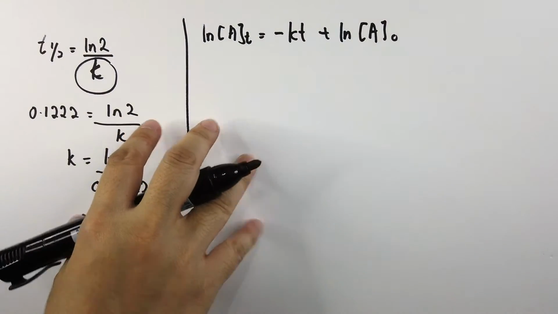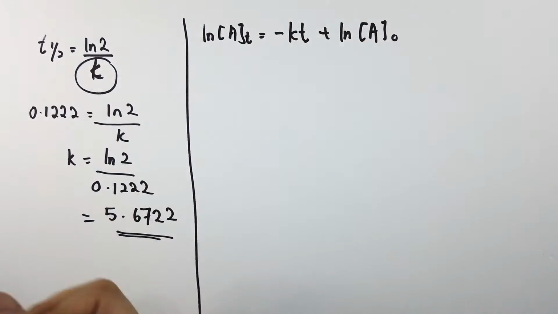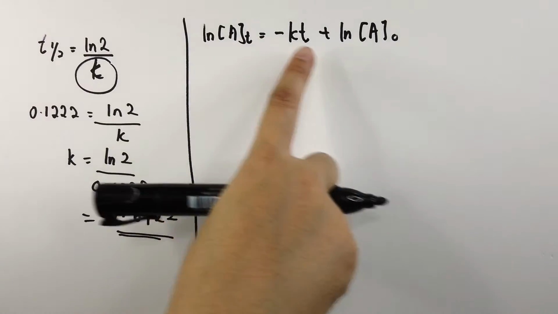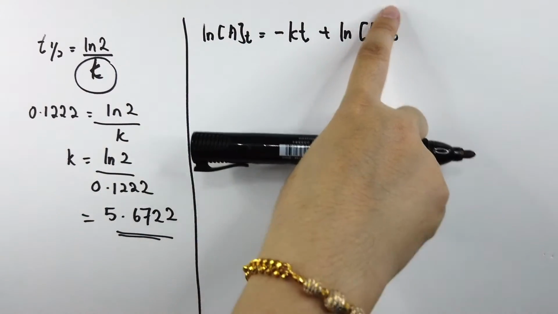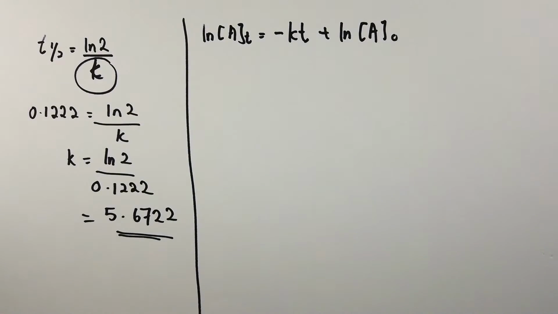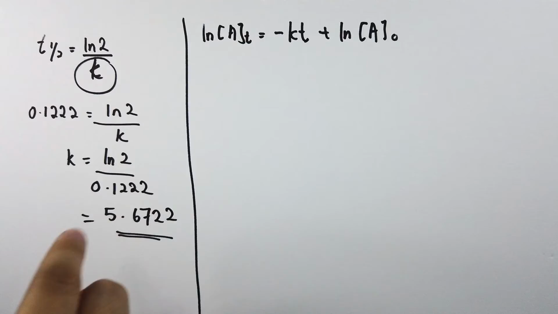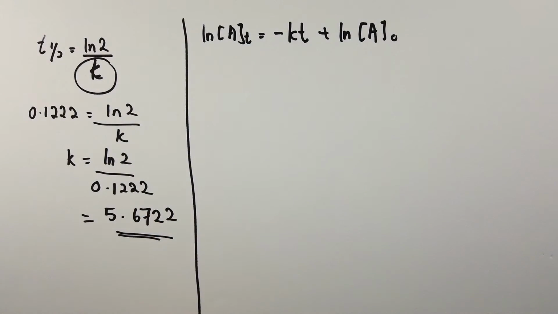So from here, what you need to calculate is t, the time, the duration, right? Because the initial concentration and the final concentration are given in the question, and you already calculated the value of k. So you just need to plug in all the values.